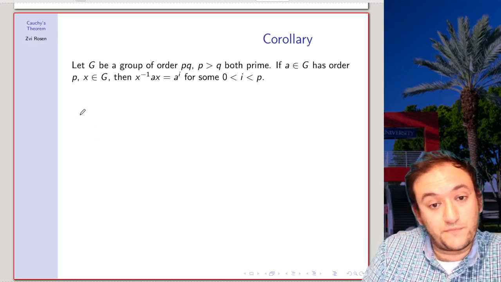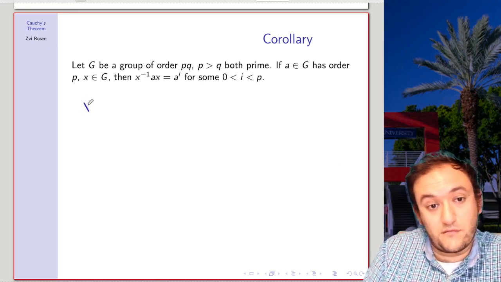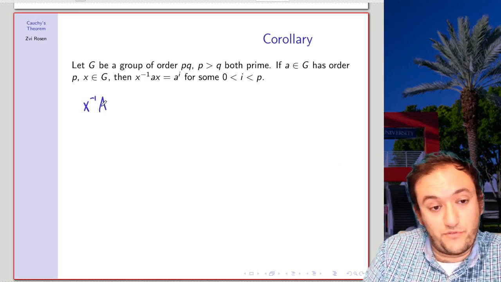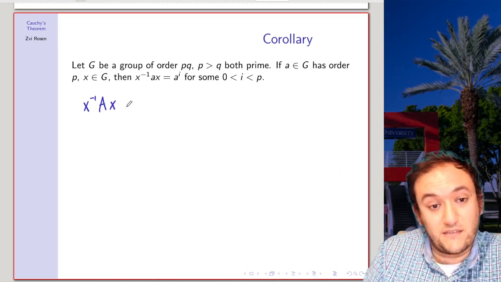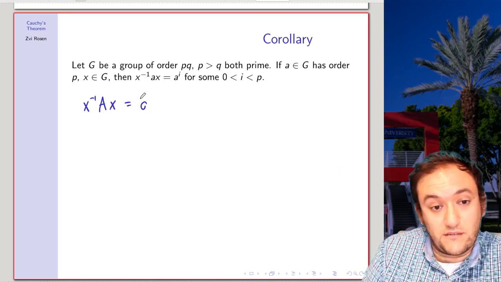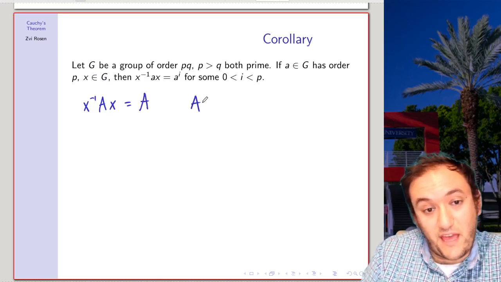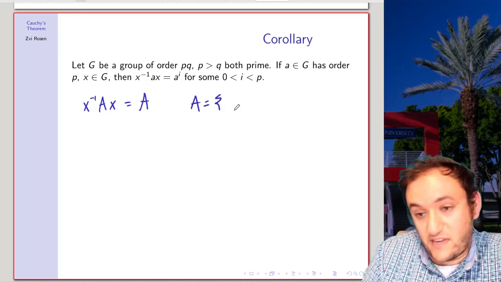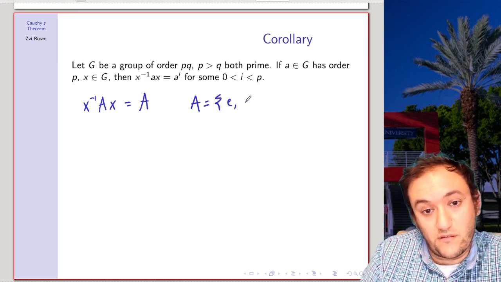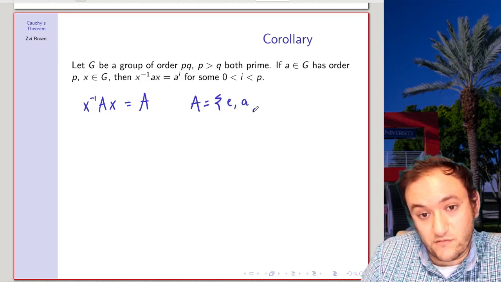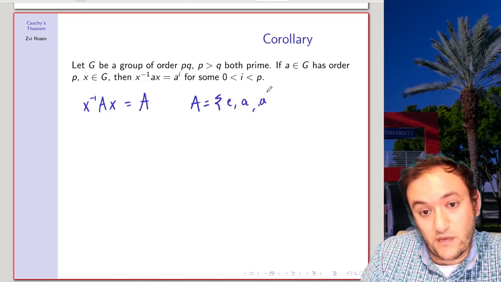So obviously we just proved that x inverse A x equals A, and we know that A equals the set of powers of a, so a, a squared, up to a to the p minus 1.